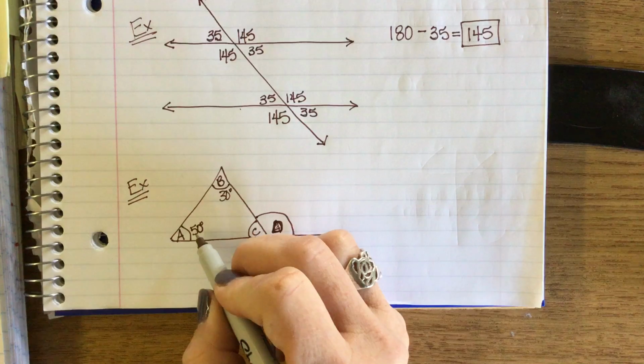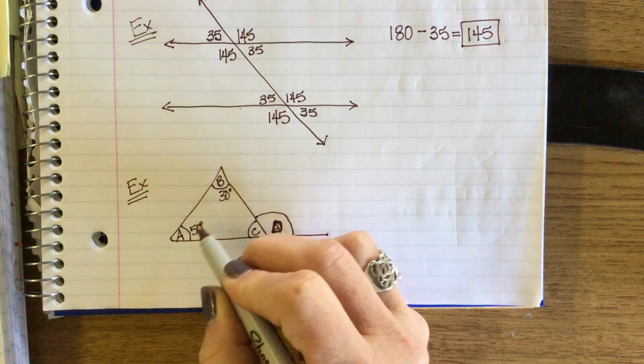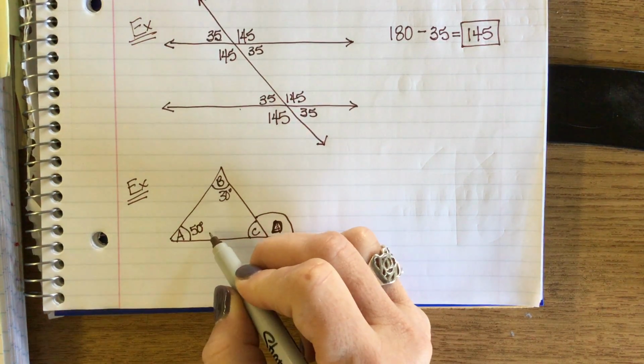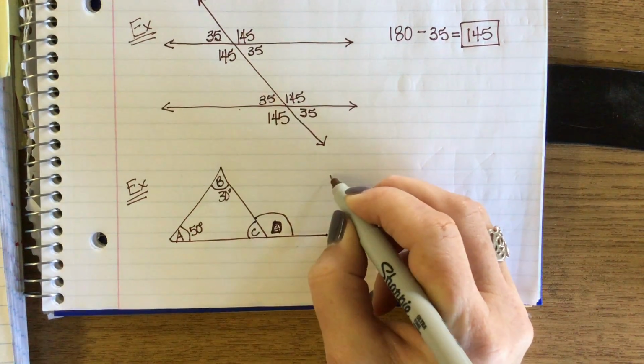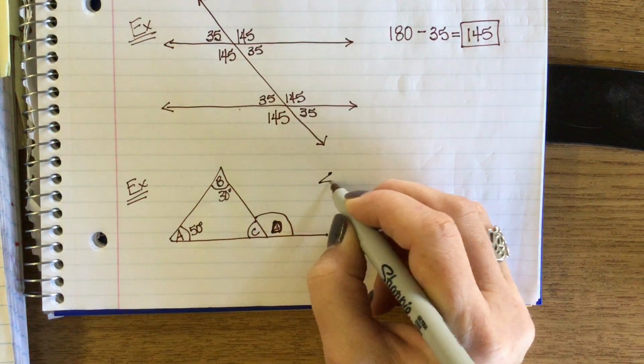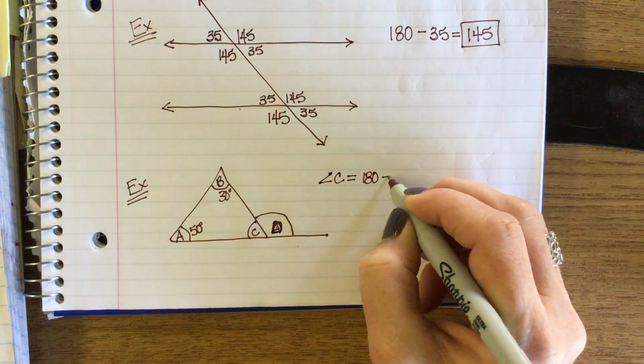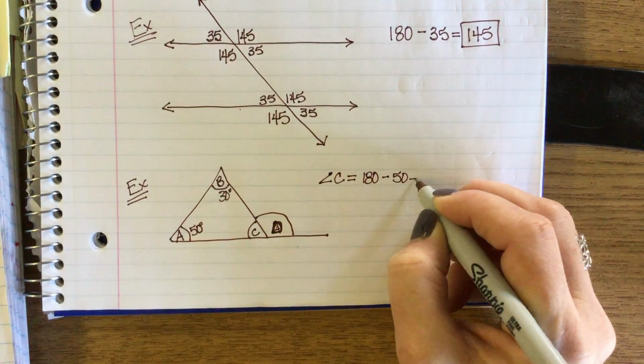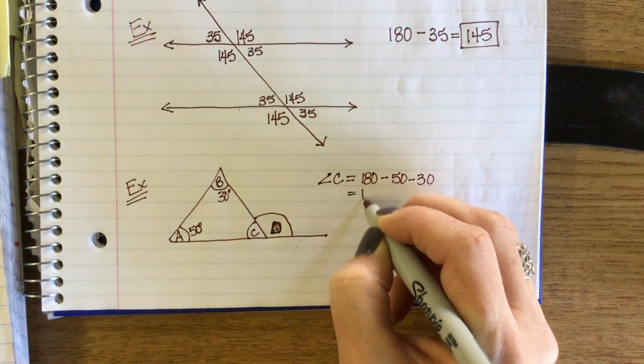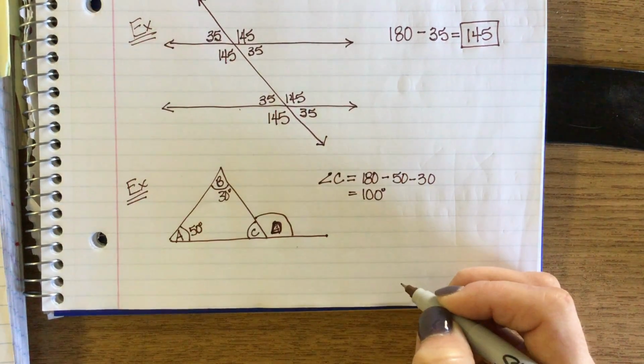That's right. It'd be 180 minus 30 and 50. So angle C is equal to 180 minus 50 minus 30, and that equals 100 degrees.